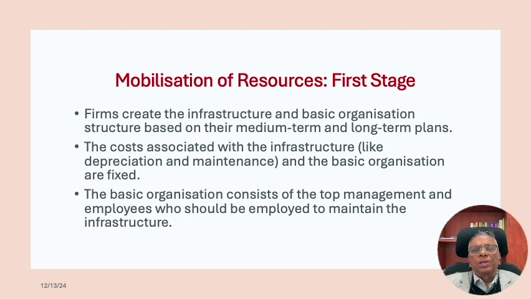To understand the fixed cost, because that is very important for our understanding, we need to understand how the companies mobilize the resources. In the first stage, they mobilize resources taking a very long-term view, for example 20, 25, 30 years. Take an example, when we talk about a university, then the university acquires contiguous land, keeping in mind what would be the growth in the next 30 years.